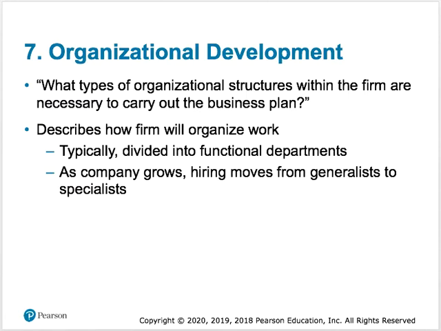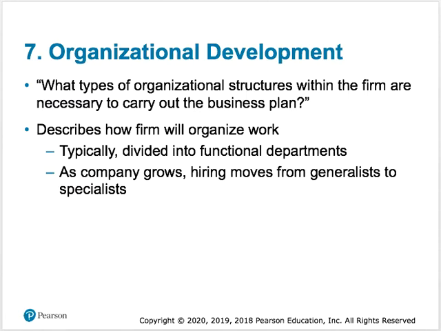Typically, in the beginning, generalists who can perform multiple tasks are hired. You can do that in your early days of startup. As the company grows, when your company gets bigger and bigger, you must conduct the recruitment in a specialized way.